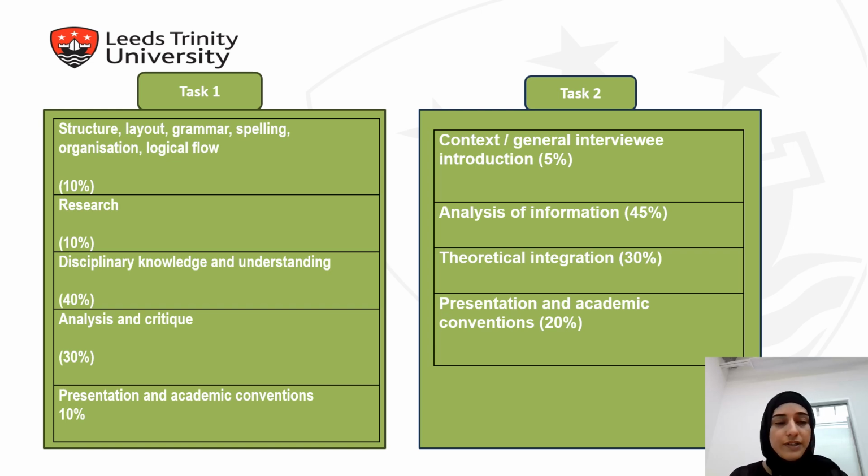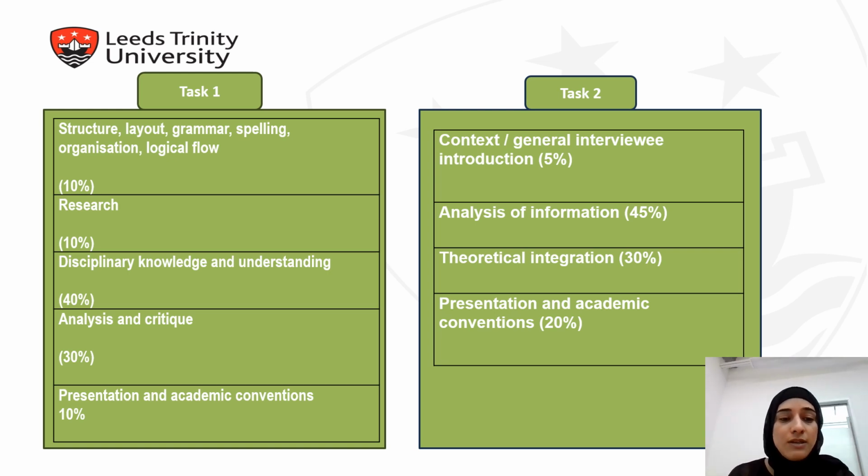For task number 1, you are going to write an essay that will critically examine the factors that affect the increase in state pension across developing countries. We will see the structure of your assignment, the layout, your grammar, your spelling, the organization, and the flow of your assignment. Is it easy to follow or not?